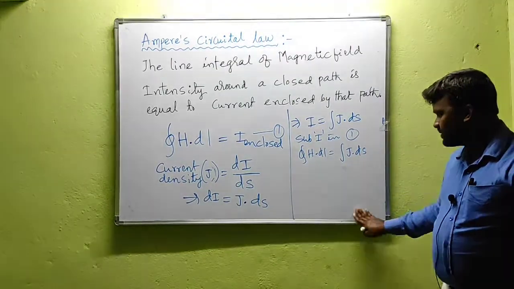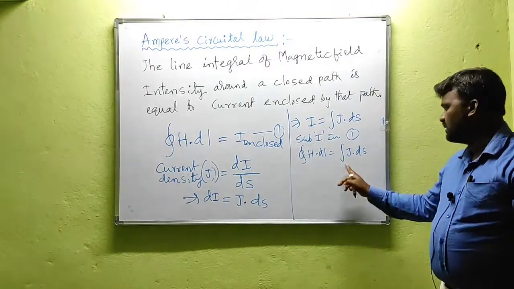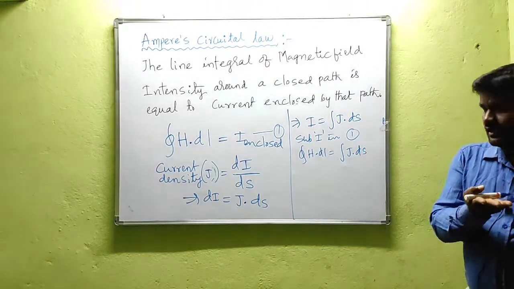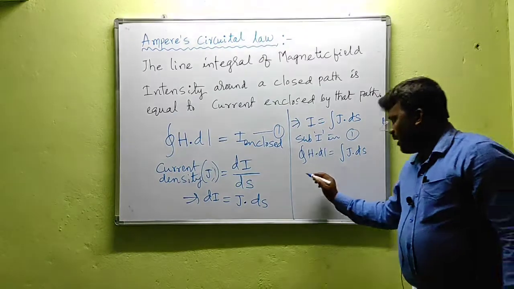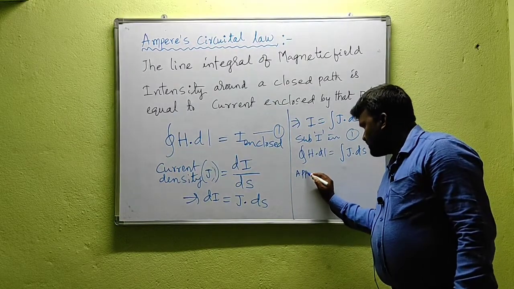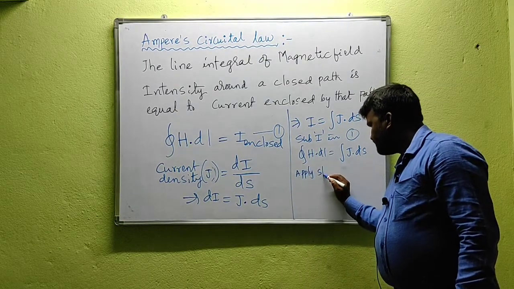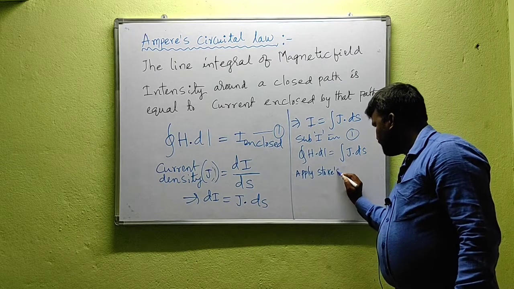In order to get the relation, we need to convert this closed line integral to a surface integral by applying Stokes theorem. Apply Stokes theorem to the LHS of the above equation.